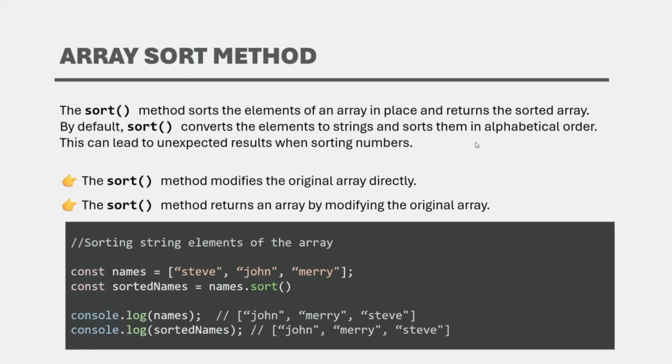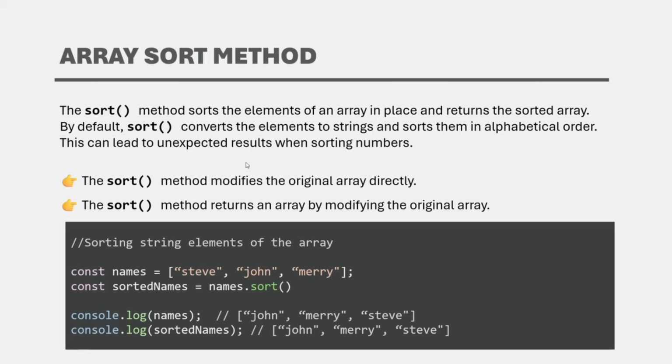But when we use the sort method on, let's say, a number array, that sort method will first convert each element of that number array into a string value, and then it will sort them. And since the numbers are converted to strings and then the sorting happens, we might get an unexpected result. So let's first see how the sort method works on string values, and then we will see how it works on numeric values and how we can use it properly to get the expected sorting result.